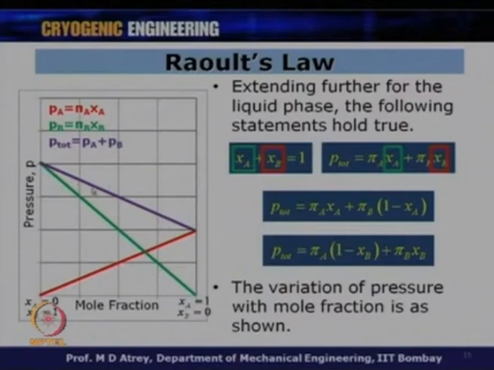So, P total at every point is the sum of the partial pressures PA and PB, which is what we have understood from Dalton's law and Raoult's law. This is just a graphical representation of Raoult's law and Dalton's law. I think this will help to understand in a more graphical format, and the values of PA and PB are related to Xa and Xb by Raoult's law, which is what we just saw.